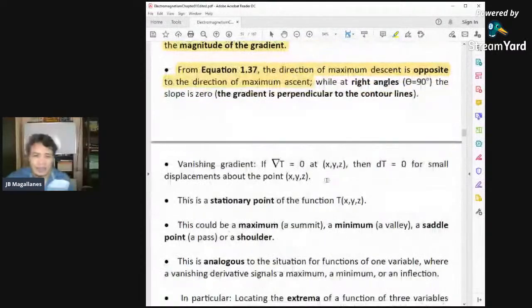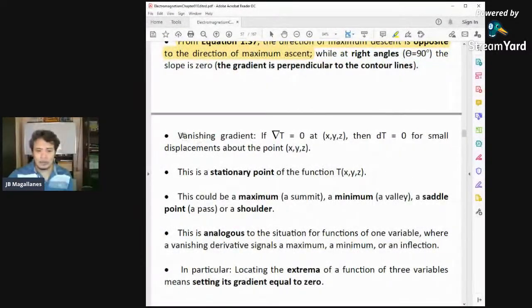So again, we use the derivative to get the maximum or minimum of a function by letting the derivative of that function go to 0. And in one dimension, if you have f of x and you want to find the maximum or minimum or the extremum of that function, you get the derivative of that function with respect to the variable on which it depends.